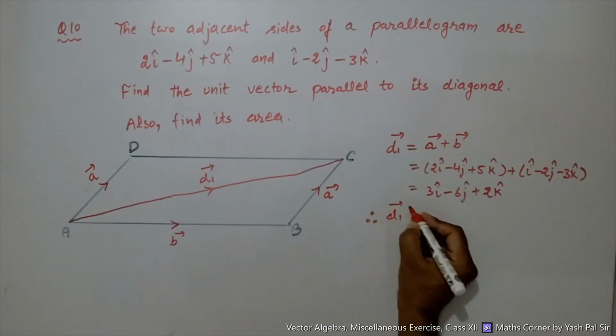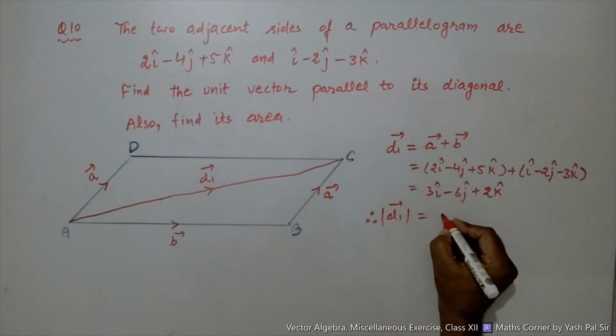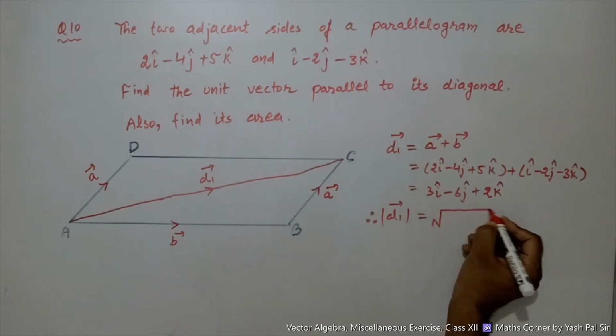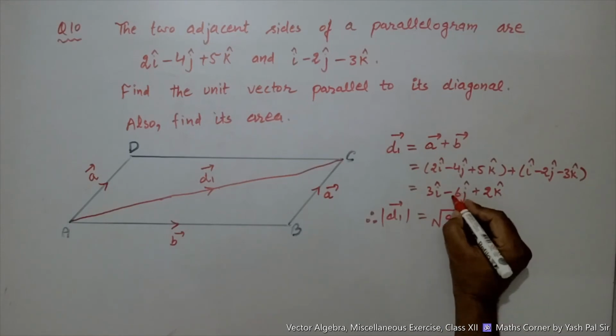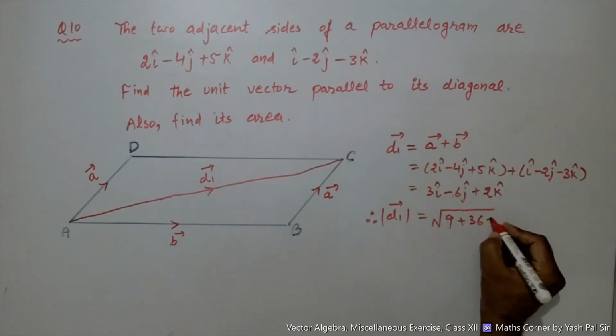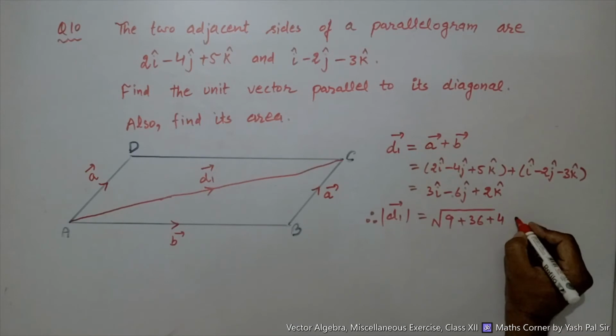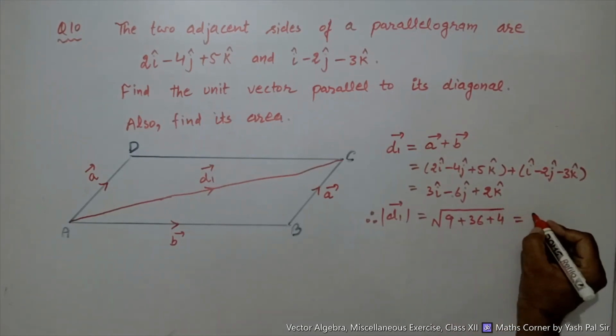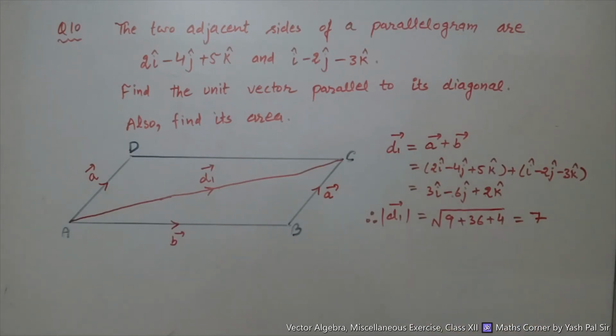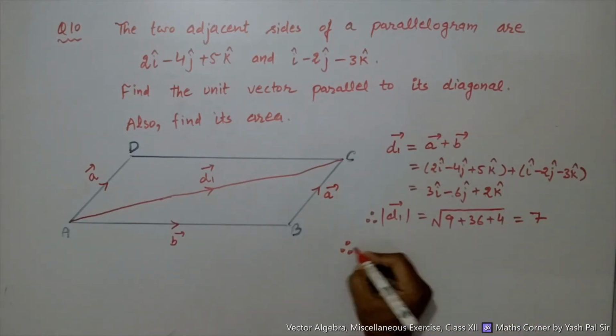So we need to find D1, its magnitude is equal to the square root of the coefficient of i, which is 3, its square 9, minus 6 whole square is 36, 2 whole square is 4. So this becomes 49, and the square root of 49 is 7.